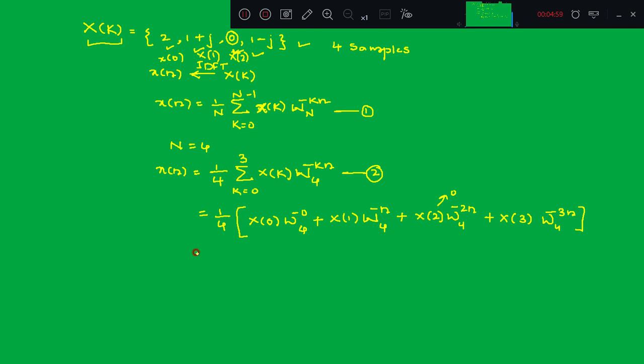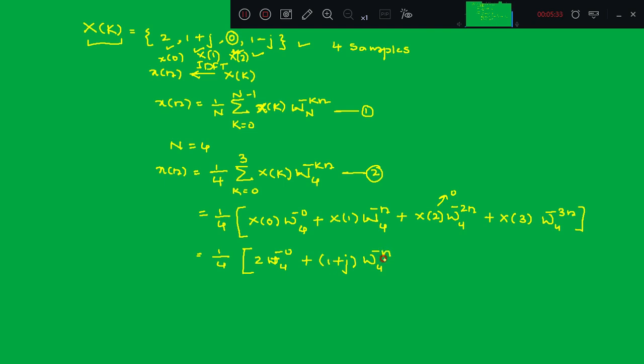Therefore I will write 1 divided by 4 into X of 0. What is X of 0? X of 0 is 2, and W4 raised to 0 is 1, so it is 2, plus X of 1 value, which is 1 plus j, then W4 raised to minus n, I will write as it is.